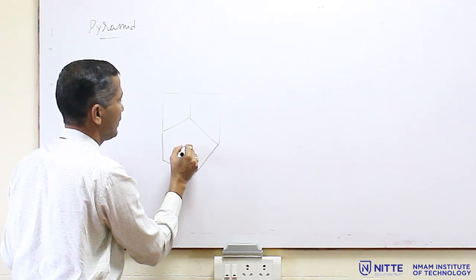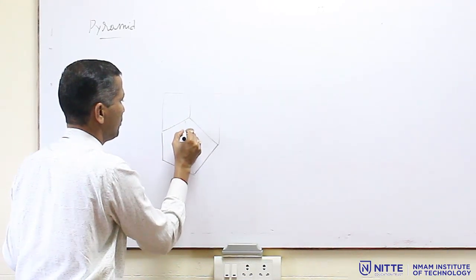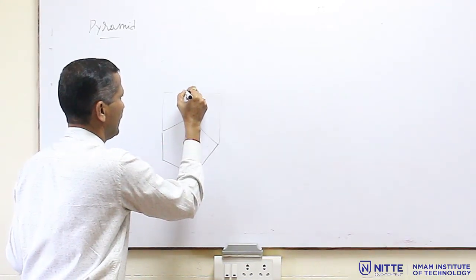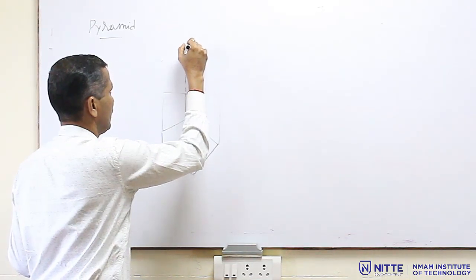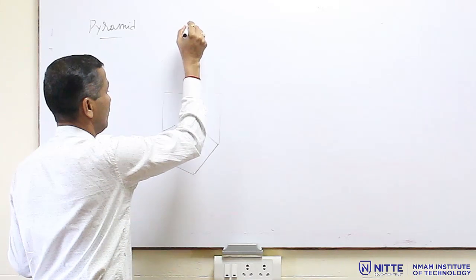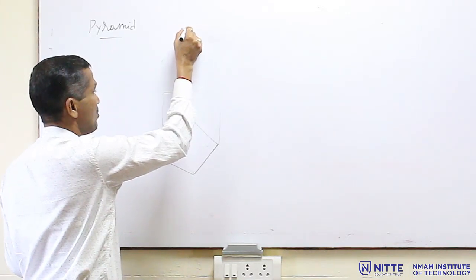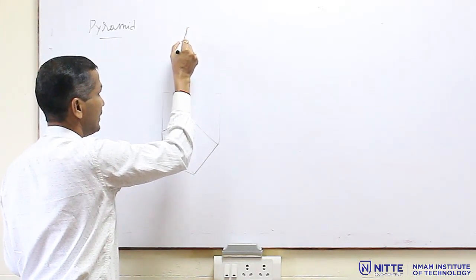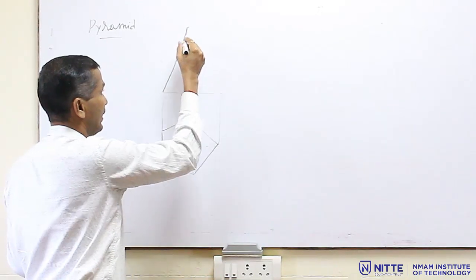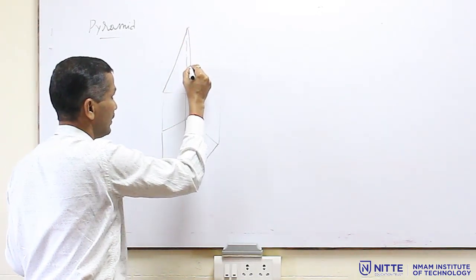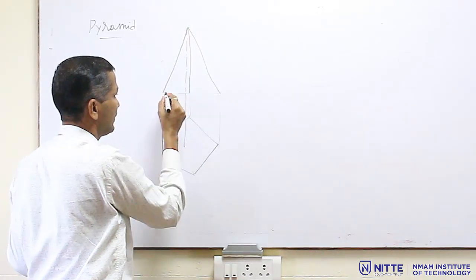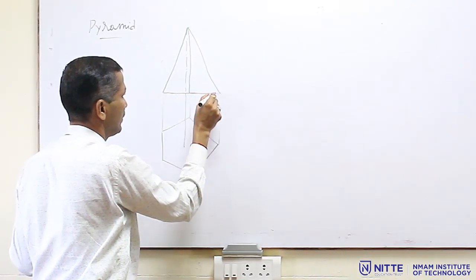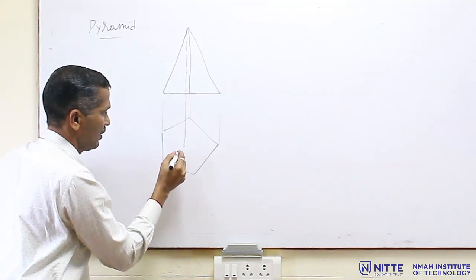From the midpoint, project this midpoint and then draw the axis. The height which is given here is 60 mm. So, draw that axis and complete the front view of the pyramid like this. Then give the names.